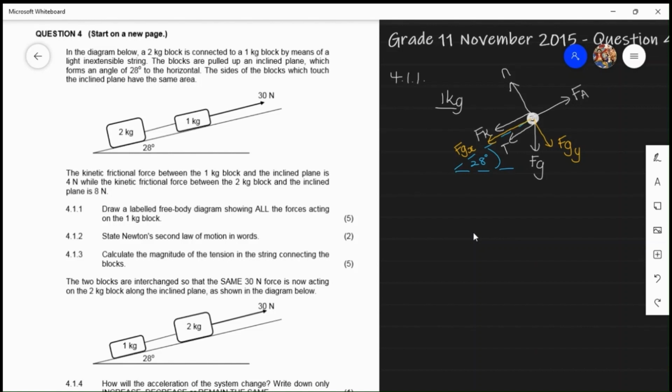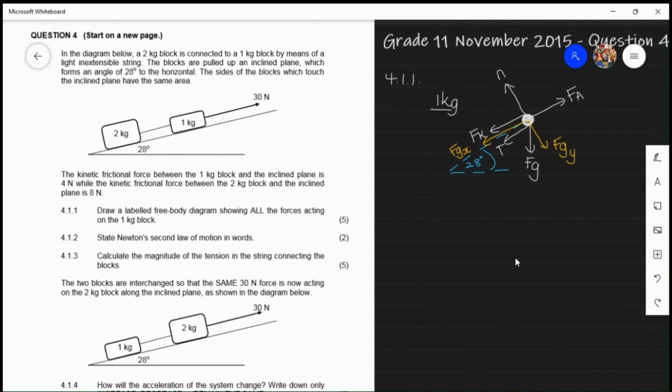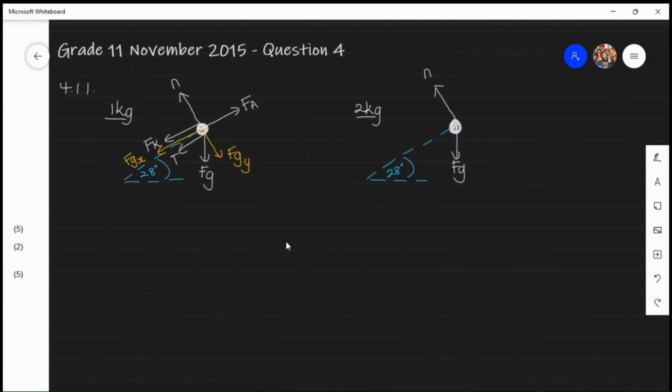So we know by that statement we have a kinetic frictional force that is going to act in the opposite direction to motion. Our motion is up the incline, therefore kinetic frictional force is going to act down the incline.